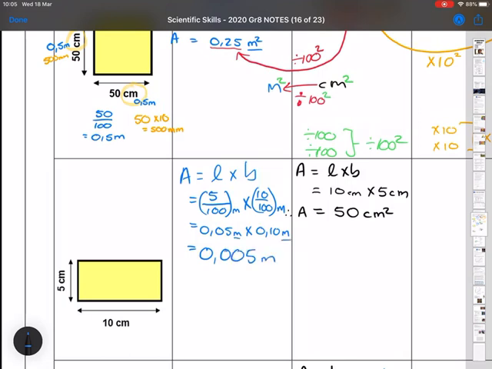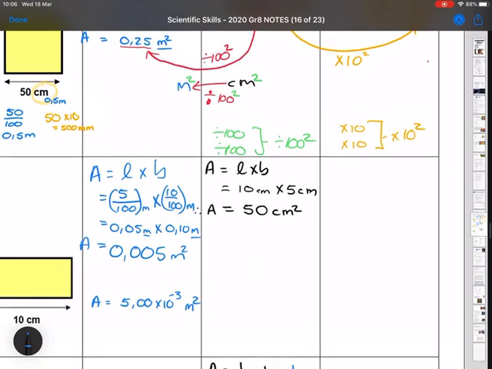And because you had a meter multiplied by a meter, we're going to have an answer of meters squared. If you answered that it was 5 times 10 to the minus 3, that's perfect as well. Remember, 2 decimal places always. 5 times 10 to the minus 3 meters squared, that's fine as well. If you just wrote 0,005 meters squared, that's perfect.